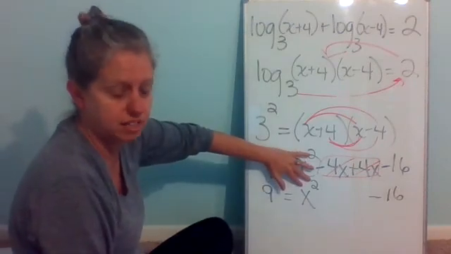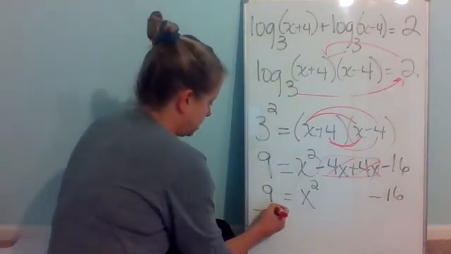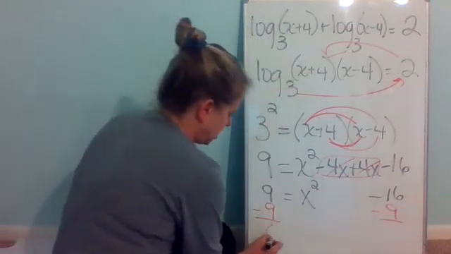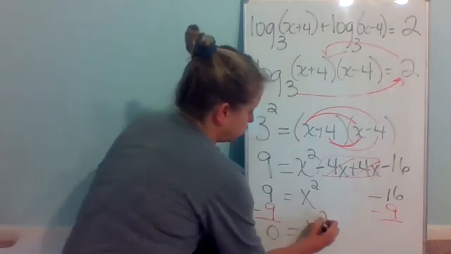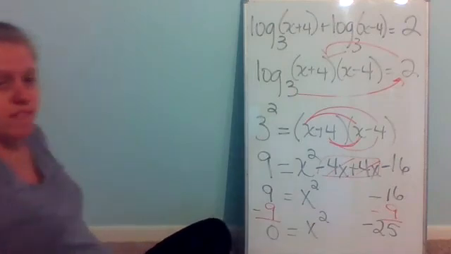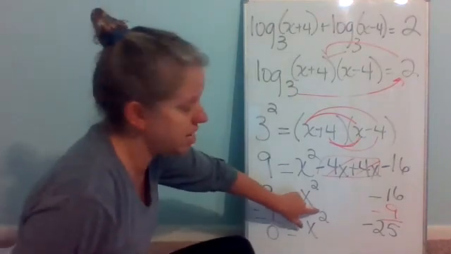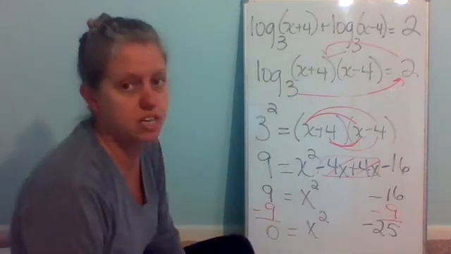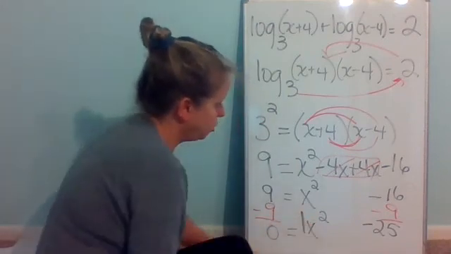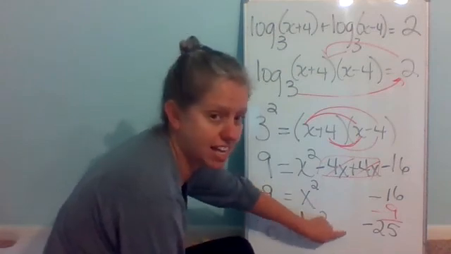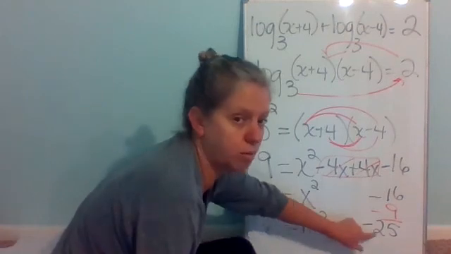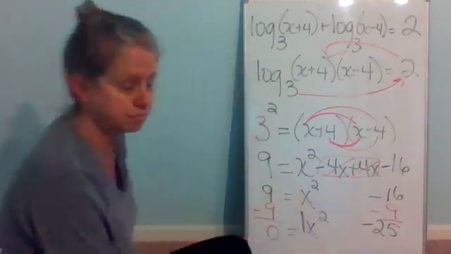Again, it's a quadratic. So get it all on one side. So subtract the 9 from both sides. So 0 equals x squared minus 25. So again, it's a quadratic, but be careful when you put that in your quadratic program: your A will be 1, right? Your B, since there is no x term, will be 0, and your C will be negative 25.